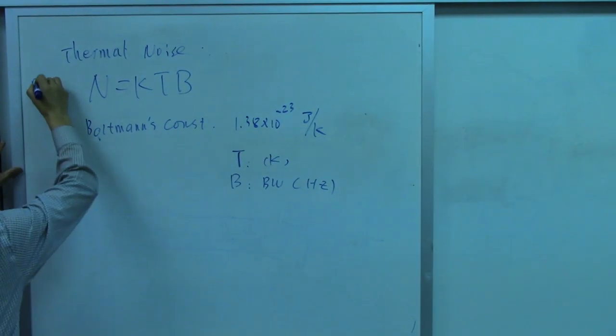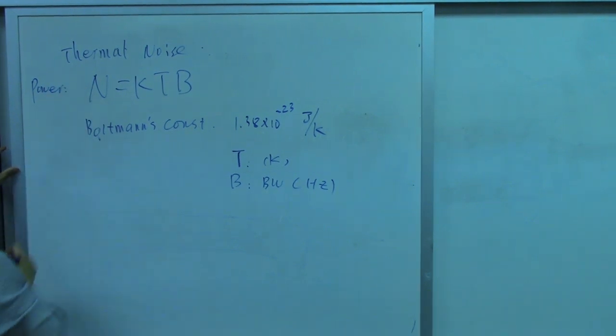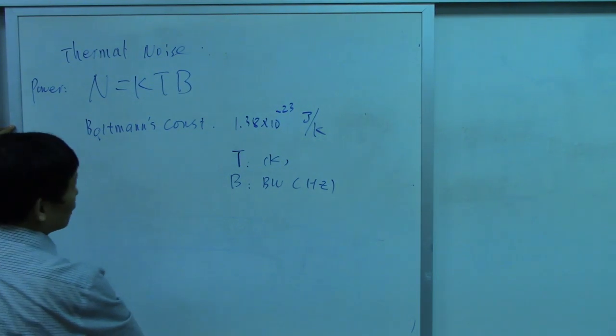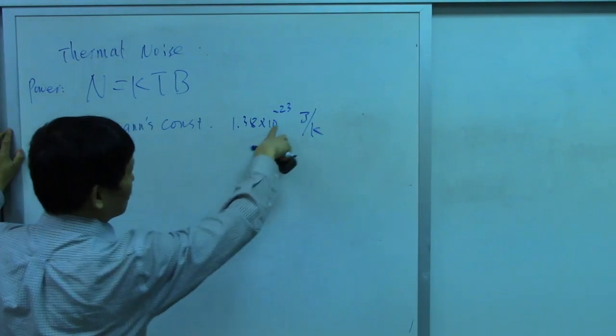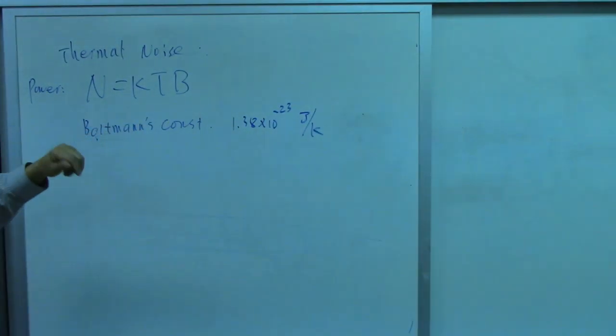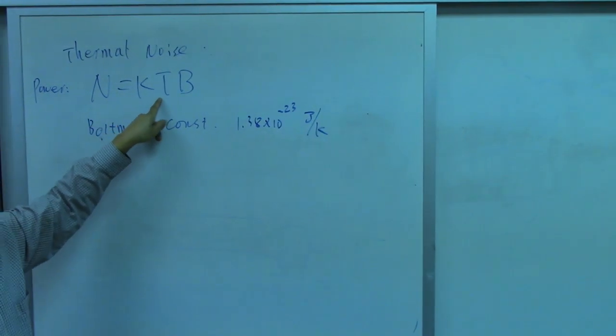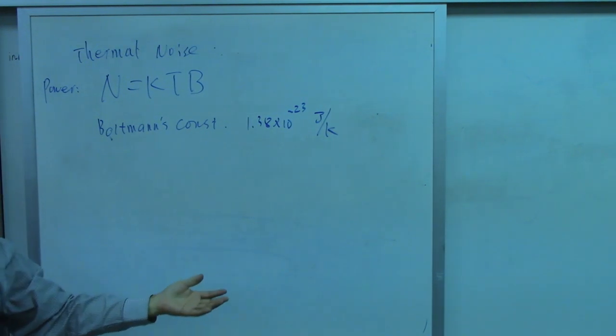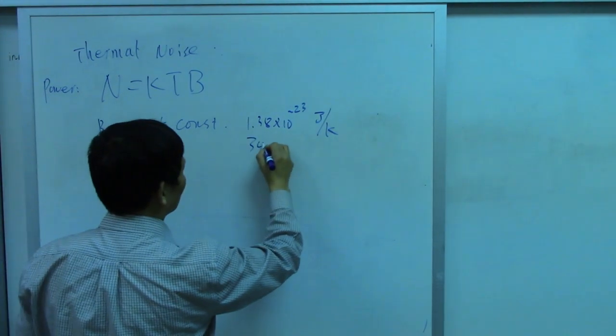Now let's approximate how large this noise power is. K equals 1 point something times 10 to the negative 23 joules per K. And T equals, for example in room temperature, like 300. So we multiply this one by 300.